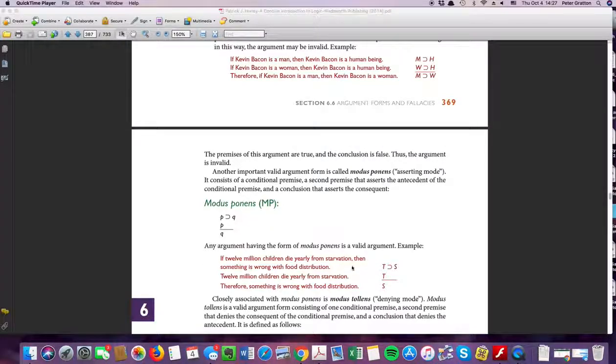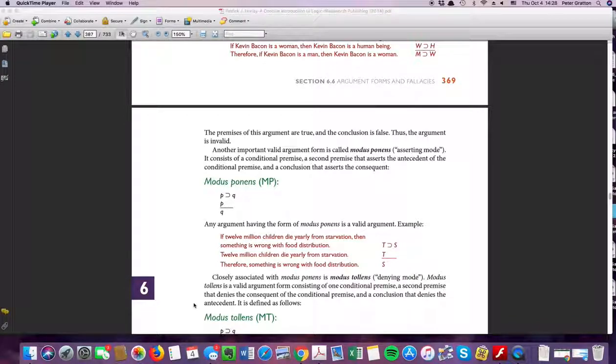So if T then S, if we know that T is true, we know that S must be true. Why? Because we know from the truth tables that if T is true, S can't be false, because that is the false one on the truth table. If true, then false is false.